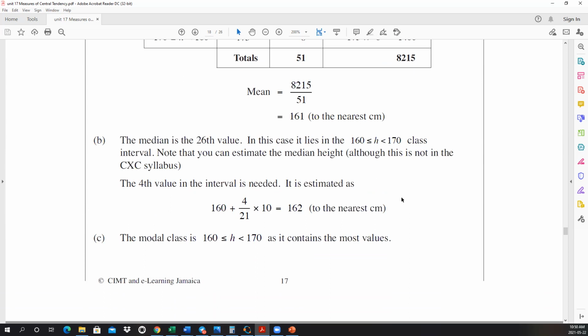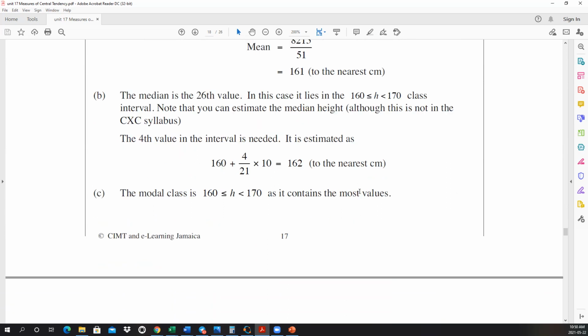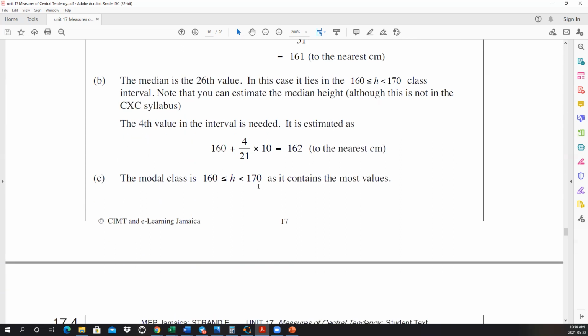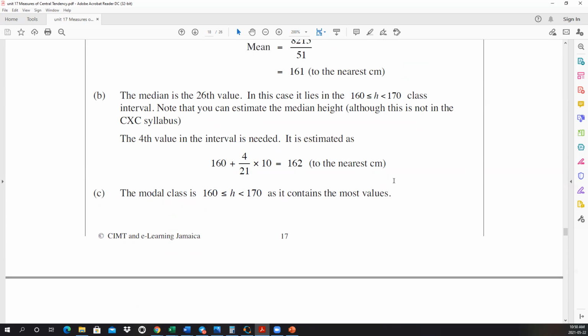So as I said before, this is just extra learning, not in the syllabus. At least I don't recall it being in the latest syllabus. But we'll go on. This part now, the modal class is 160 to 170 as it contains the most values.